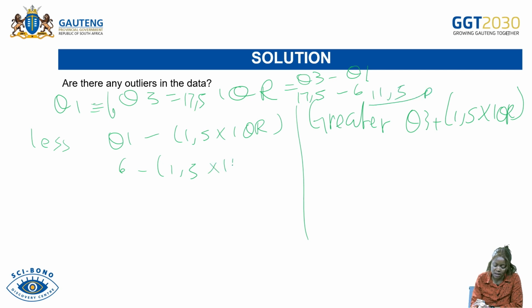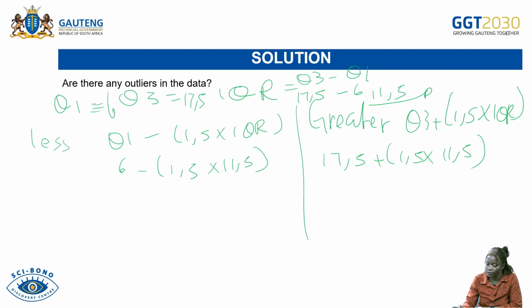So it's times 11,5. If you punch it in the calculator, you'll get negative 11,25. So you need to check if you have anything that is less than negative 11,25. And then on the other side, it's going to be 17,5 plus 1,5 times 11,5, and you will get 34,75.